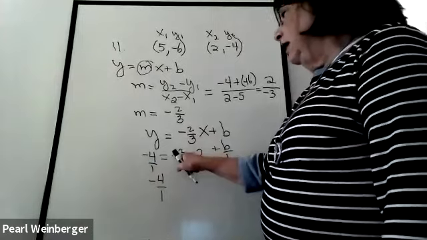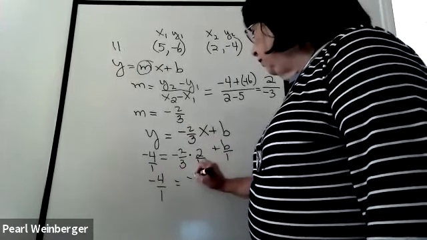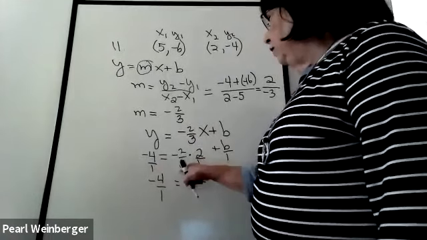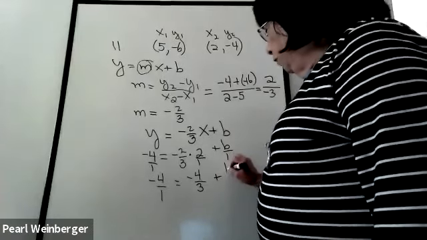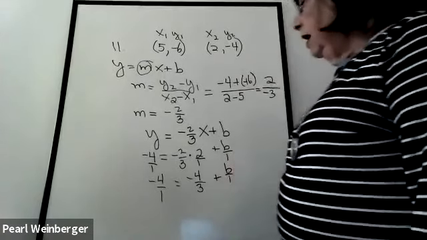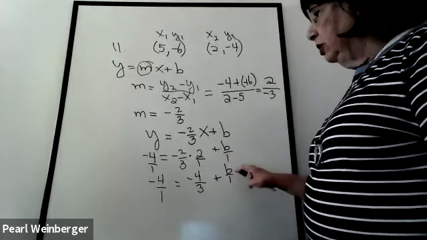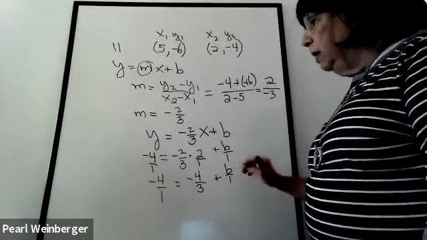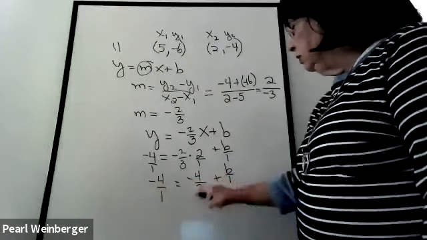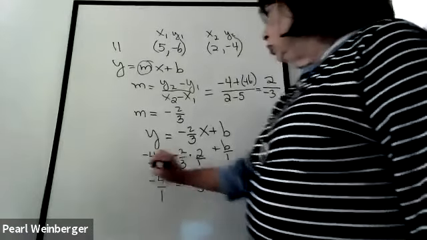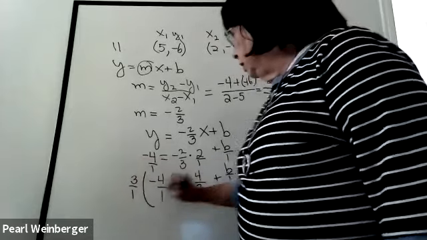So I just multiply the numerators. -2 times 2 is -4 over 3 times 1, which is 3, plus b over 1. And then one of the methods we learned when we're dealing with fractions and equations is to multiply by the common denominator. Now, the common denominator is 1 times 3 times 1, which is just 3. So I'm going to multiply everything by 3 over 1.